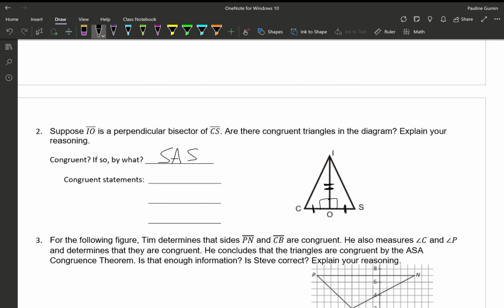Wonderful. Our congruent statements are that CO is congruent to OS, and we know that because of the bisector. We know that IOC is congruent to IOS because of the perpendicular bisector. And lastly, IO is congruent to IO because of the reflexive property.